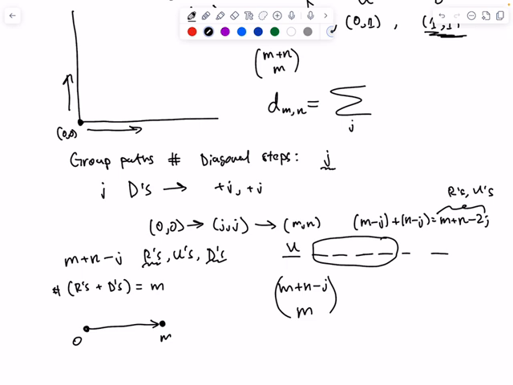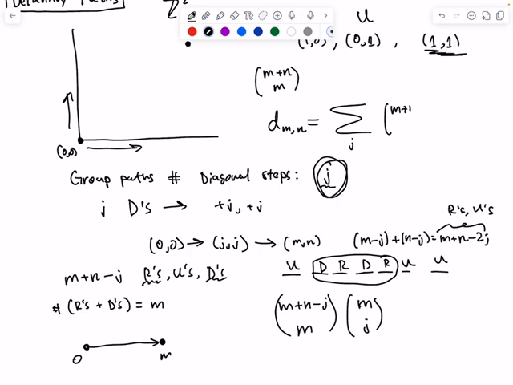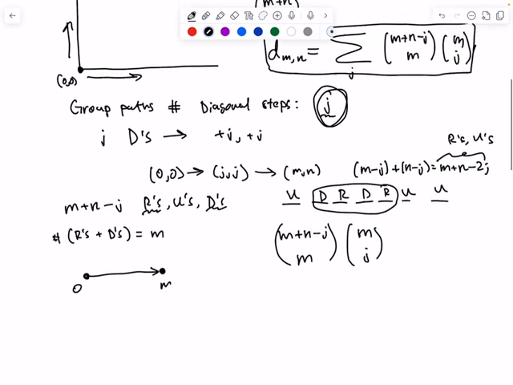When we do this, we implicitly select the remaining elements to be U's. Then once we've chosen the slots for the R's and D's, we know that there are exactly j D's. So of the m slots, we select j of them to be D's, and implicitly the rest are R's. So we found our answer: D(m, n) is simply the sum over all possible values of j of (m+n-j choose m) times (m choose j). That's how you solve the problem.